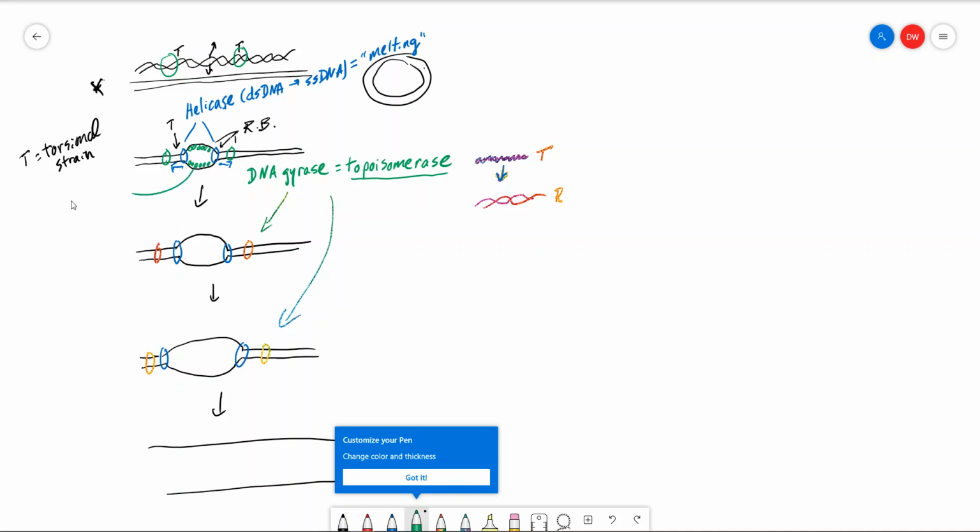These are called single-stranded binding proteins, SSBP, okay? And there's multiple of these proteins that attach. They obviously have an affinity for single-stranded DNA, and they will stay in position until other enzymes come in and make the new DNA copies.